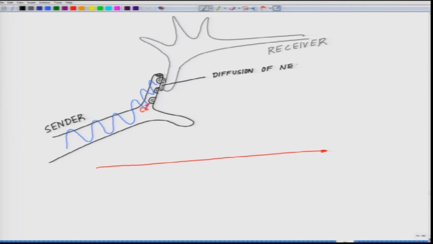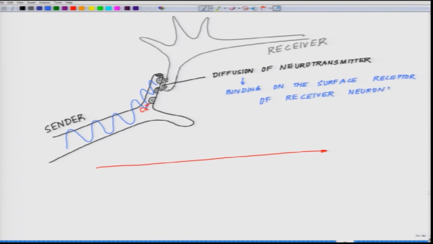Diffusion of neurotransmitter. Now this neurotransmitter binds to the membrane of the dendrite of the receiver neuron, binding on the surface receptor of the receiver neuron's dendrites.